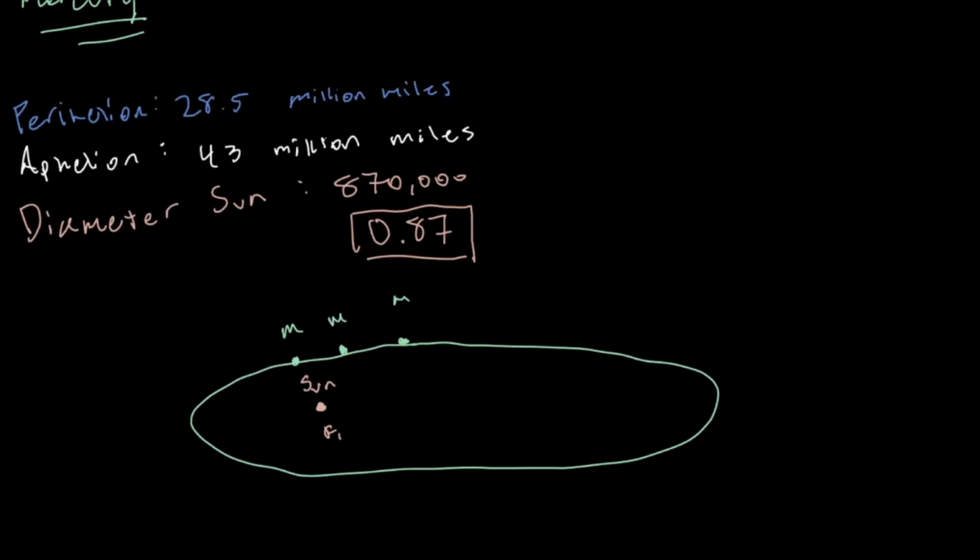We are given the perihelion, which is 28.5 million miles, and the aphelion, which is 43 million miles. And we can't consider the sun as a point. It has its own width of 0.87 million miles.